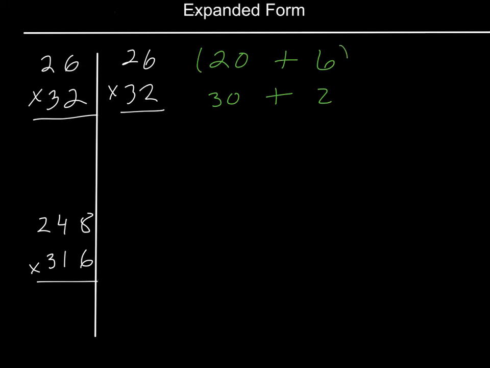So if I'm going to multiply this in expanded form, what I just got to make sure that I do is that I multiply each one of these parts or terms by the other terms in the other number. So that means I'm going to multiply this times that one. So 20 times 30 gives me 600. And then I'm going to multiply these two together.